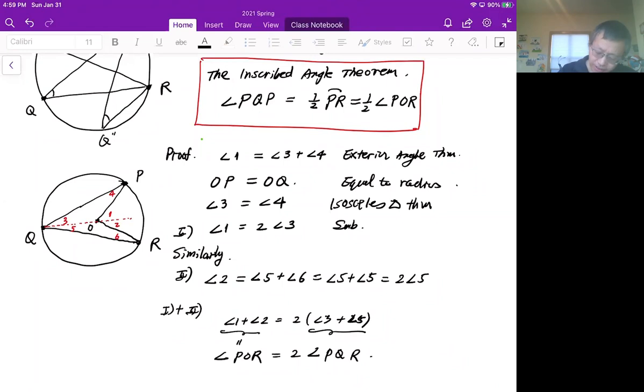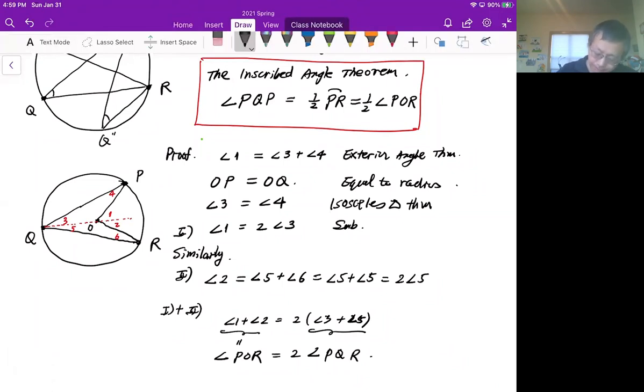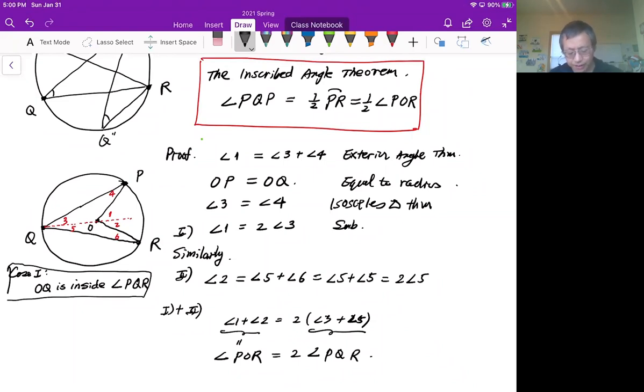For this proof, we are assuming that OQ is inside the angle PQR, but sometimes it may not be that way. So this is case one. What happens if OQ is not inside? We still have to deal with the other case.